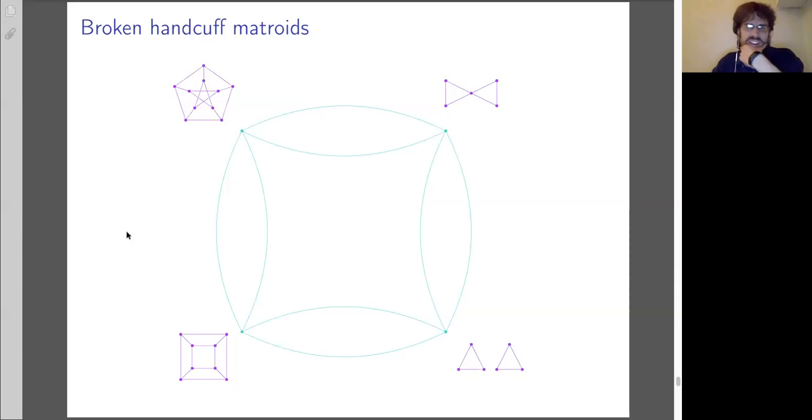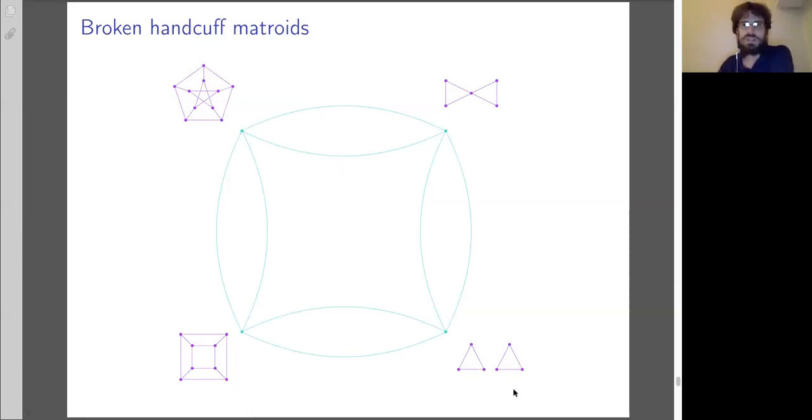And now, if we think about what we will get as the circuits in this matroid, well, first of all, we'll get all the balanced cycles in any of these graphs. We'll get all the thetas. We'll get all the tight handcuffs in any of these graphs. We'll get all the loose handcuffs in the central graph and all the bracelets in any of the outer graphs.